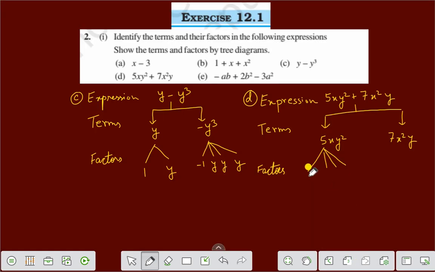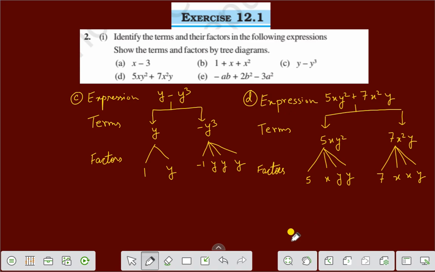These are the various factors. For the other term, one is 7, one is x, one is x and another is y. So it is 7, x, x, y, right?